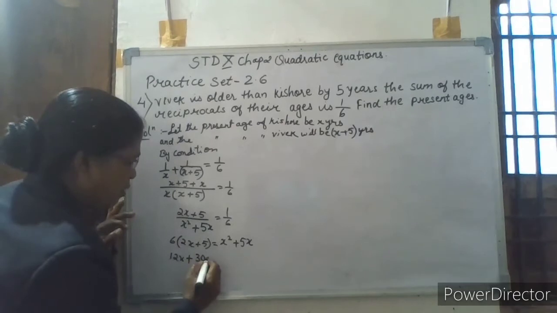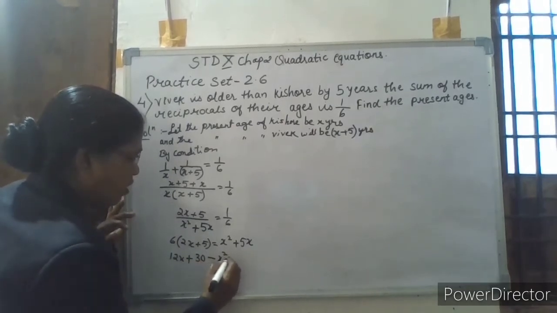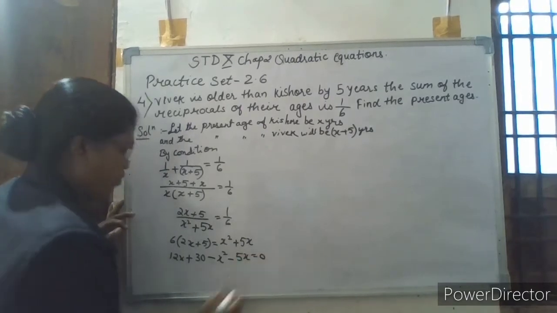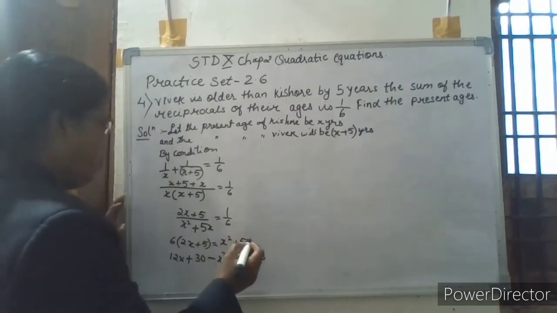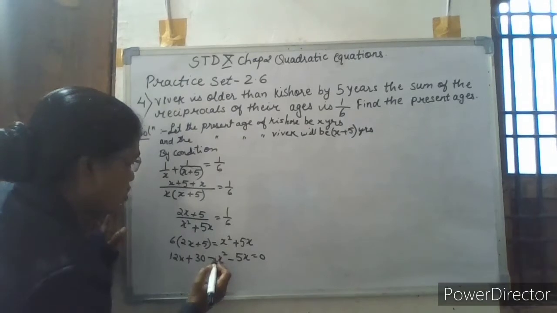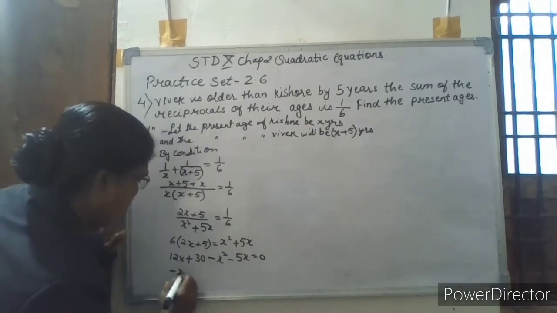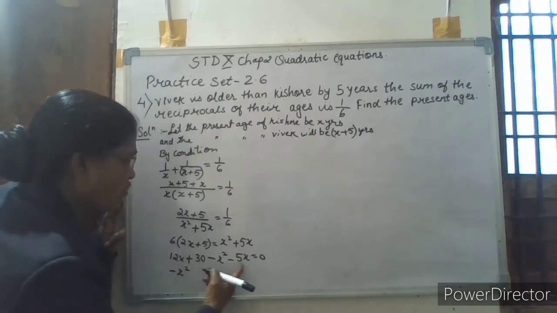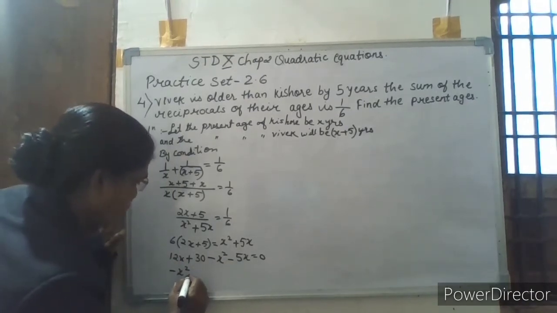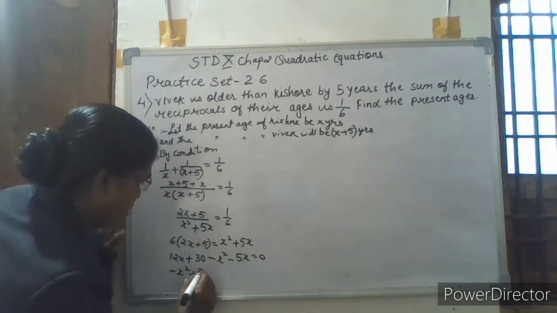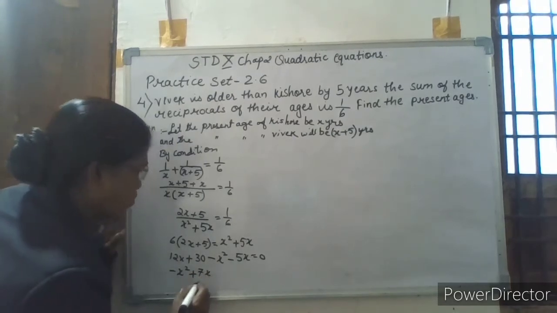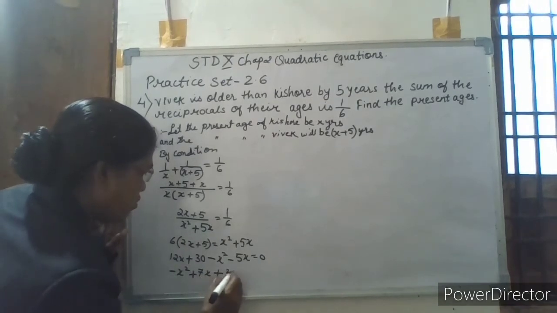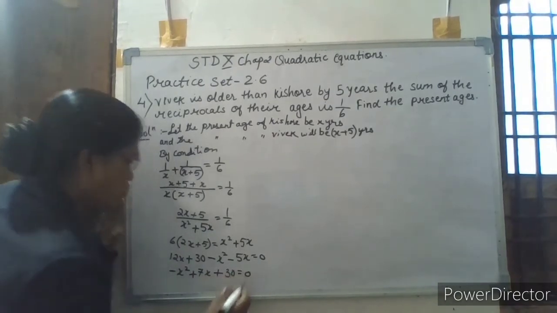So it is minus x squared minus 5x equal to 0. Now form it into minus x squared. Solve it. 12x minus 5x will give you 7x, plus 7x, sign of the greater number. Plus 7x, then plus 30 equal to 0 we got.